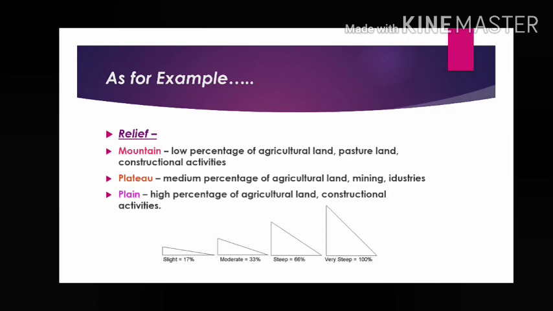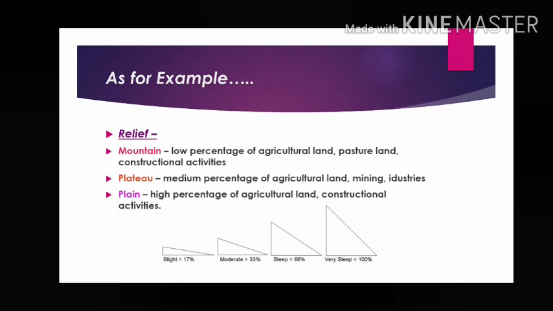Now come to the next. First of all, relief. How can relief control land utilization? So mountain means what type of slope? Steep slope, very steep slope or steep slope. So now you just see and tell me, is it possible to do crop cultivation or any other economic activities easily on very steep slope or steep slope area? No, it is very difficult.